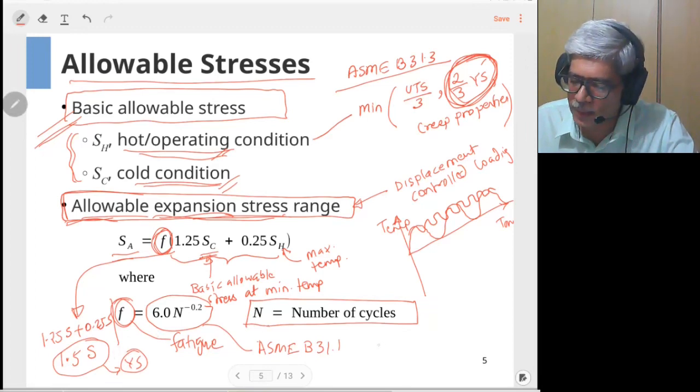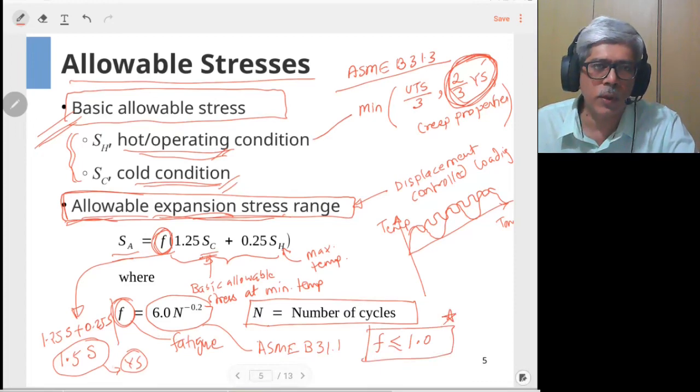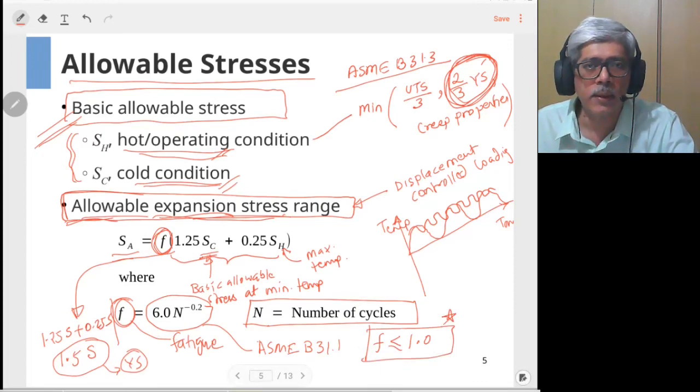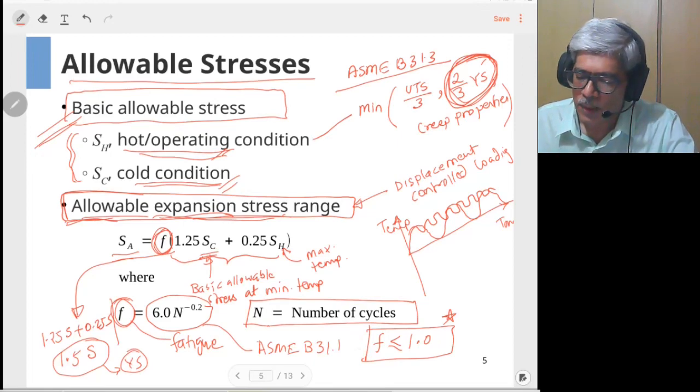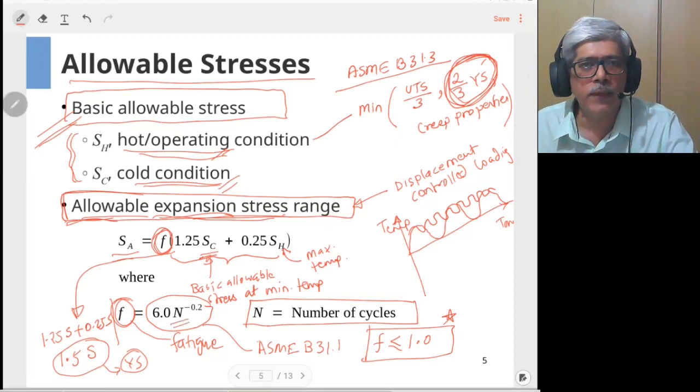And the point to be noted is that this F is always less than or equal to 1. That is important. So if this formula gives you a value of F which is more than 1, then you have to keep it within 1. If you are having more cycles, this factor F will keep on reducing. So as the number n increases, your factor F decreases.